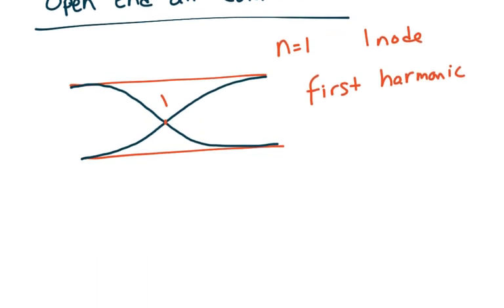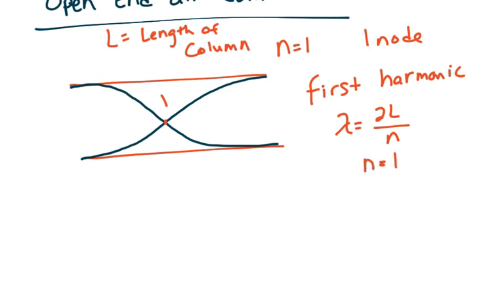Since I have half of a crest and half of a trough, the wavelength for this one is also going to be 2 times the length, where L is the length of the column, divided by n, where n is the harmonic.